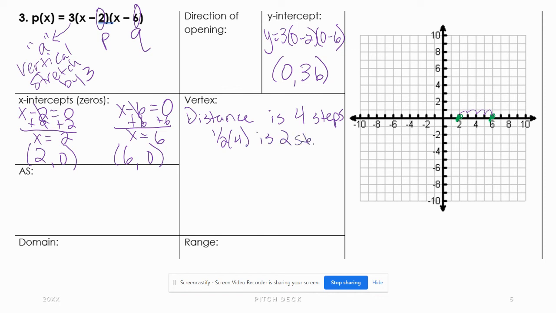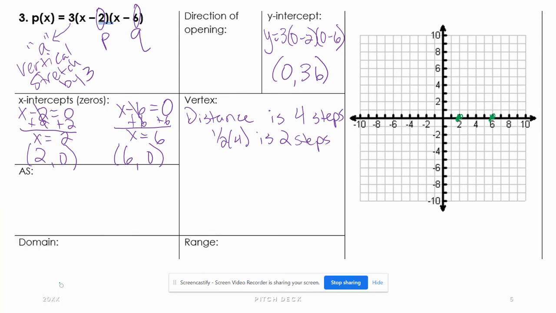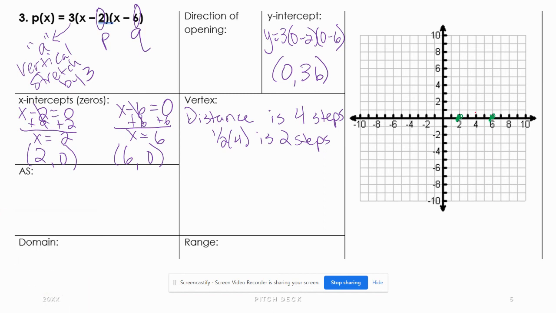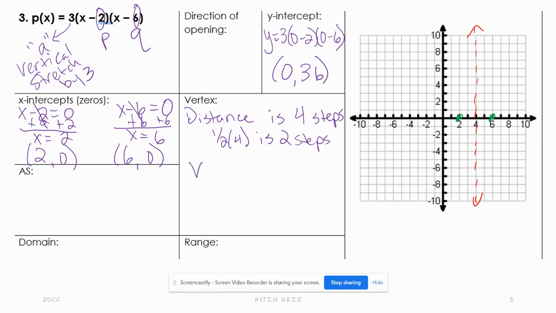So we are 2 steps away from the 2 and the 6. And if I go 2 steps from 2, then we are at x is 4. So the x value of our vertex is 4. Our axis of symmetry is x is equal to 4.